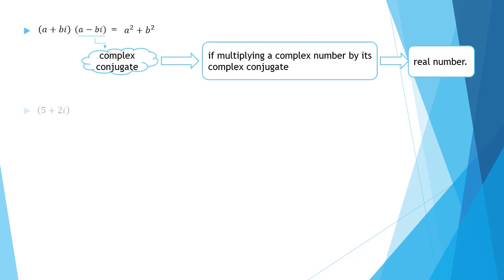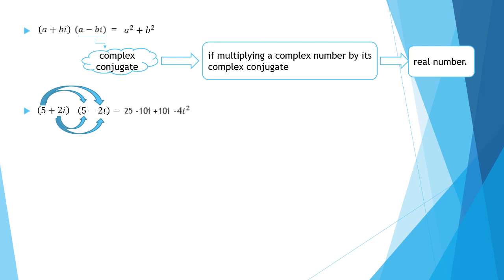Let's have an example. If we have a complex number 5 plus 2i and we multiply it by its conjugate 5 minus 2i, we are going to multiply 5 with 5, which is equal to 25, and 5 with negative 2i, which is equal to negative 10i. Then 2i multiplied by 5 is equal to 10i, and 2i multiplied by negative 2i is equal to negative 4i squared.